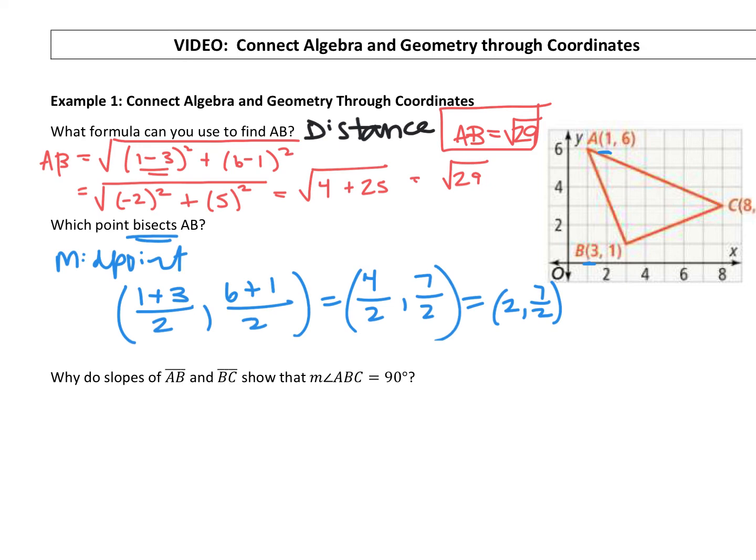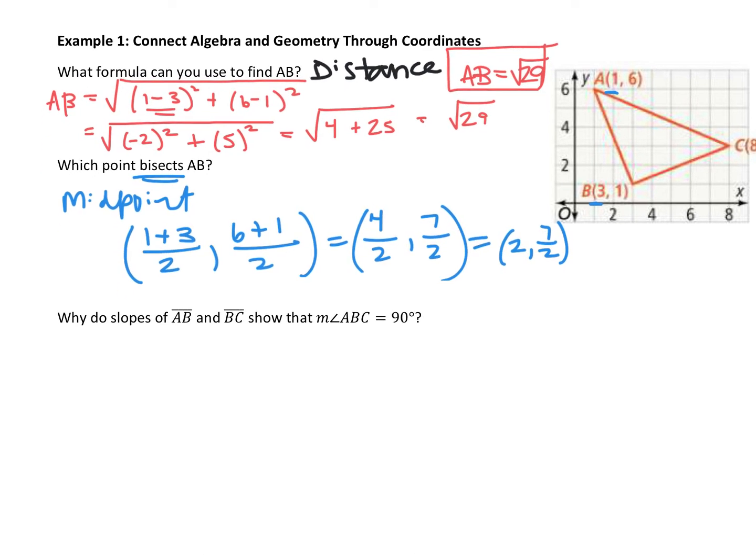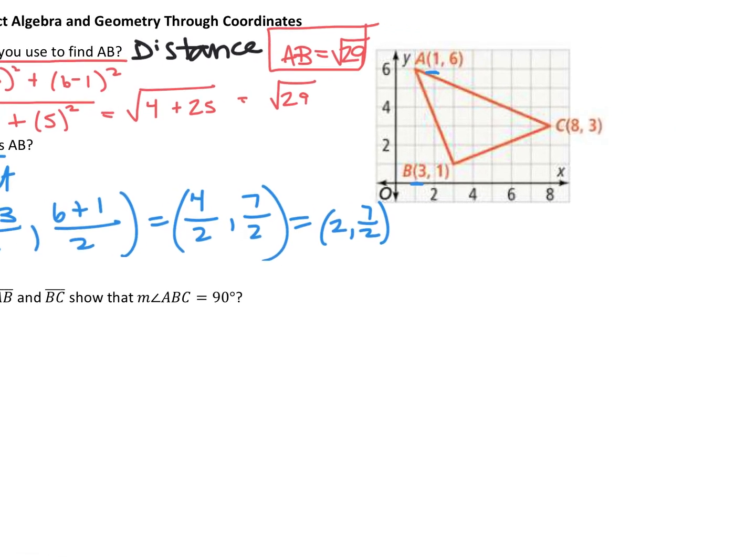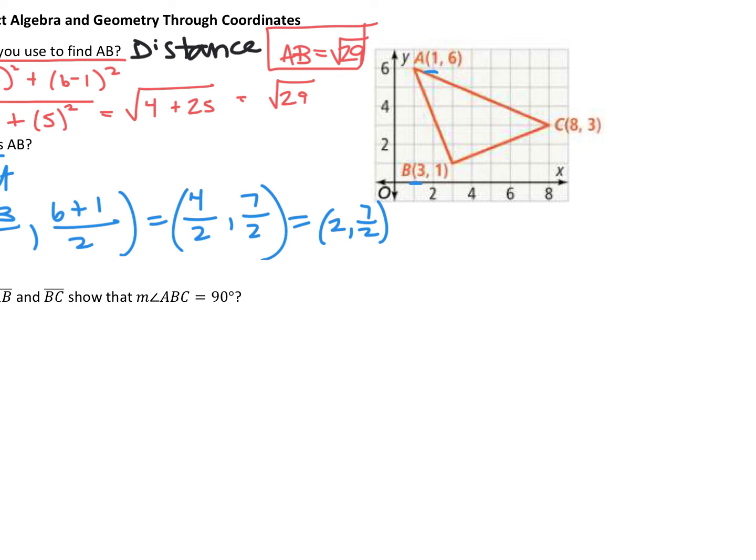All right, our next question, why do the slopes of segment AB and segment BC show that the measure of angle ABC is equal to 90 degrees? Well, let me give you some background info on that. If the product of two slopes, the product is multiply, is -1, then those segments where you got the slopes from are perpendicular.